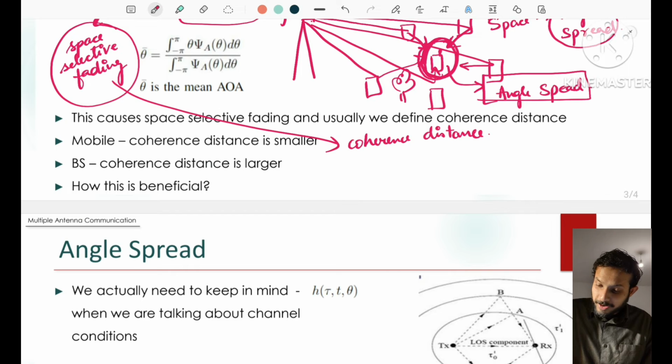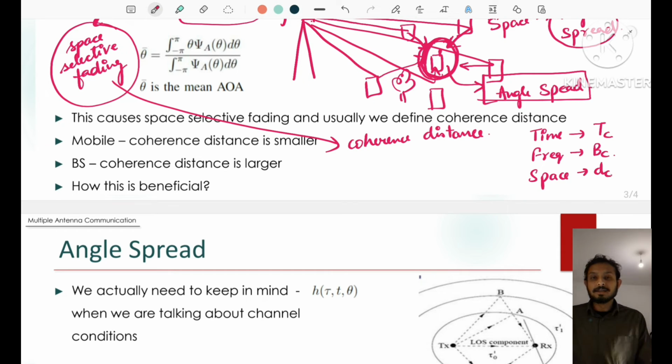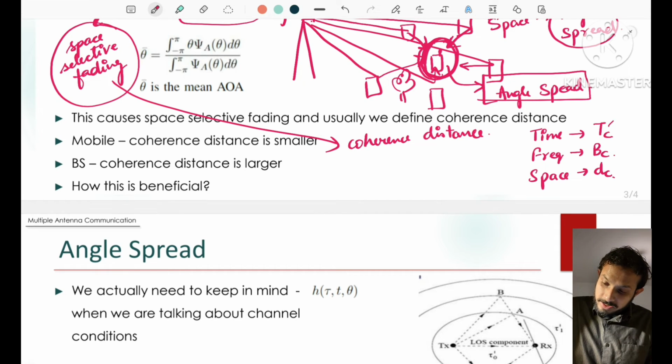We have also defined earlier for the time dimension, coherence time. For the frequency, we defined coherence bandwidth. And now for the space, we will define coherence distance. We have seen that coherence bandwidth is inversely proportional to the delay spread.